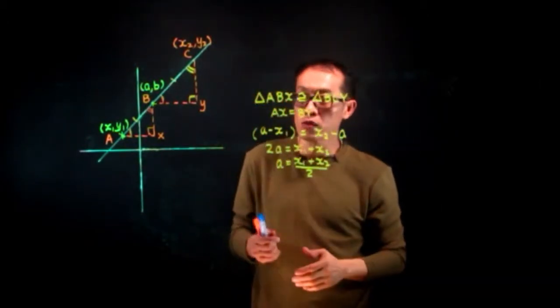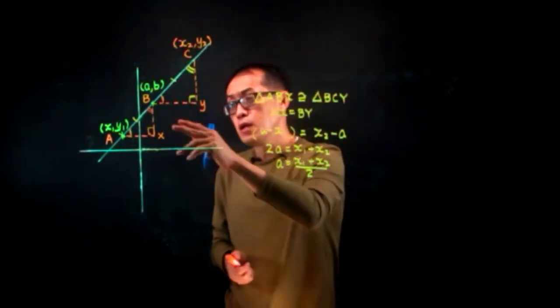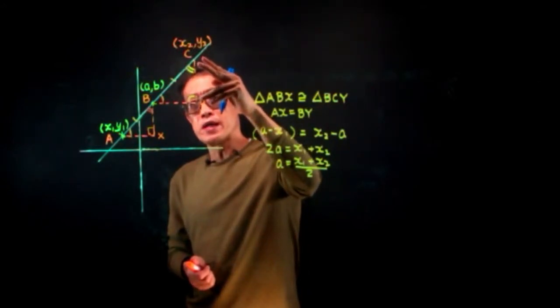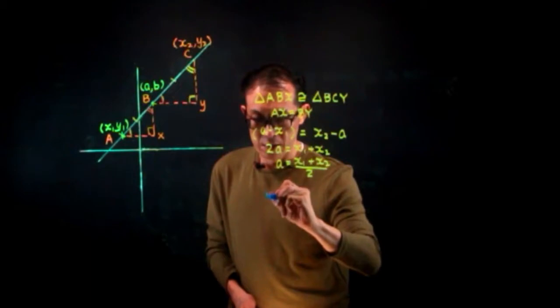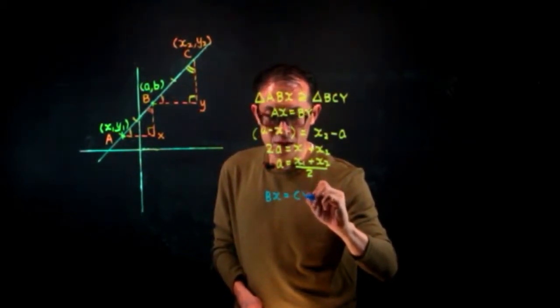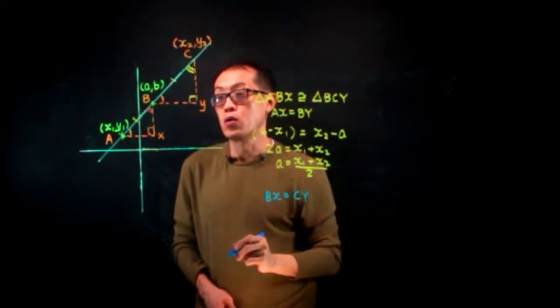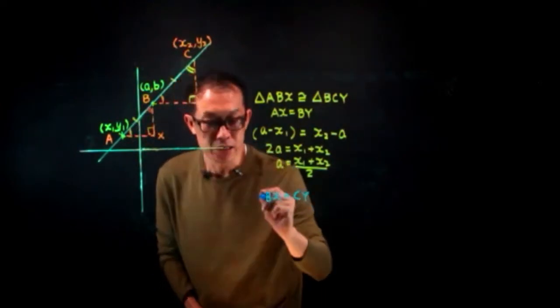Let us try to find the y coordinates of B. Now BX will be equal to CY because these two triangles are congruent. So what is the length of BX? BX is B minus Y1.